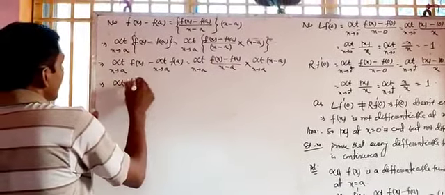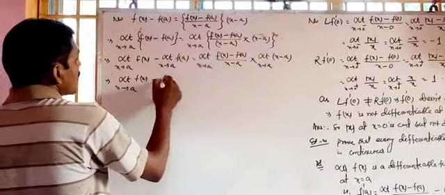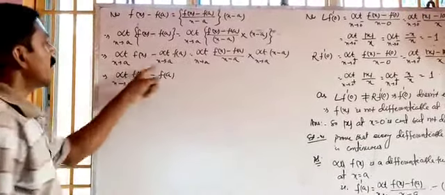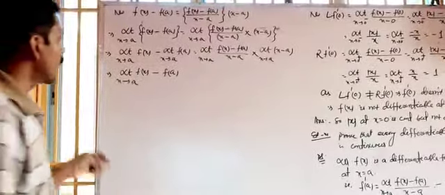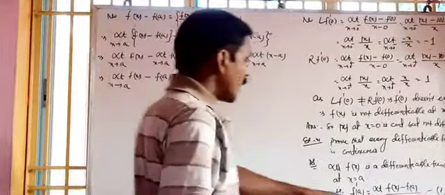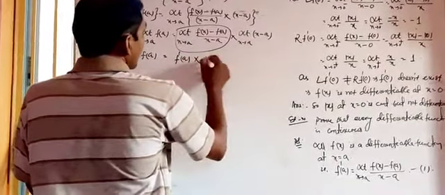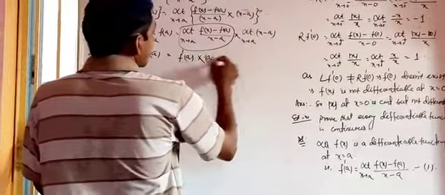This implies limit of f of x as x tends to a, minus f of a, because here x is not there, so it is constant. Now what is this value? This value is equal to f dash of a, from number 1, into, it will be an algebraic function, a minus a.